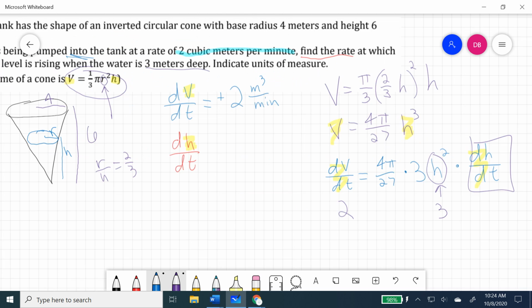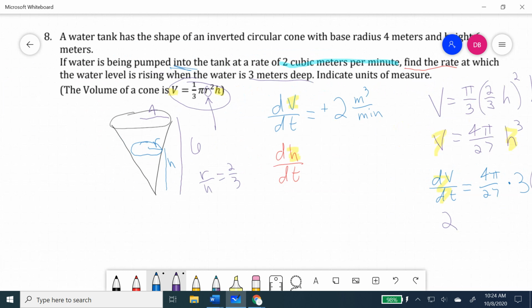Now, it's possible that instead of being given the height, you're given the radius. How do you find height if they tell you radius? And then hopefully you see, yeah, those proportions right there.